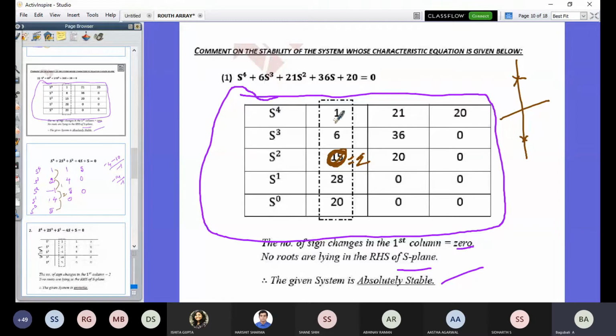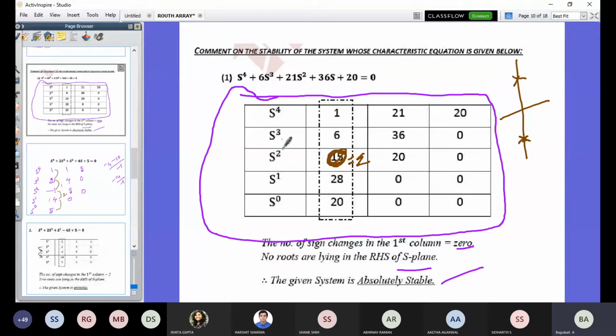If there are no sign changes predicted, or any one of the rows in the first column becomes 0, some of the roots are located on the j omega axis. So if some of the roots are located on the j omega axis, we can conclude that it is a marginally stable system. Again, if there are no sign changes, there may still be a chance of the system being unstable. What is the case?